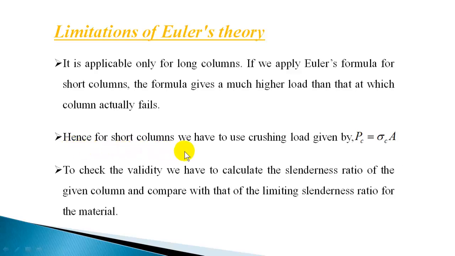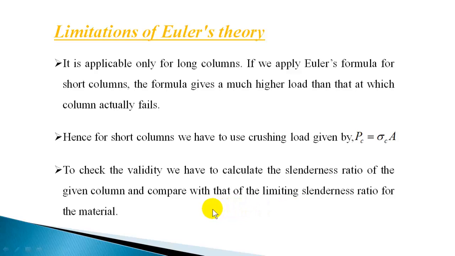Hence, for short columns, we have to use the crushing load given by Pc is equal to sigma c A, where sigma c is the stress at which the column crushes, or usually it is taken as the yield stress of the material. Now, to check the validity of Euler's formula, we need to find the slenderness ratio of the given column and compare it with the limiting slenderness ratio of the given material.